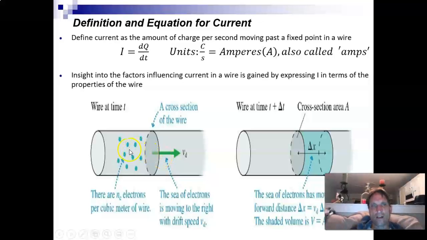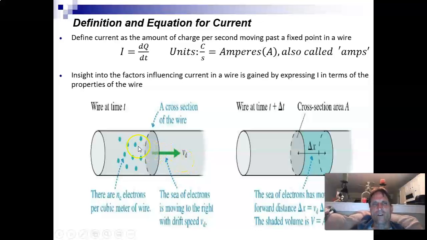In other words, what's the average speed at which these electrons are migrating, in this case, from left to right? If they're moving faster, then you're going to get more current, right? You're going to get more charge per time crossing this point if they're moving faster to the right. In other words, if the electric field is larger, they're moving from left to right faster. So you would guess it depends on this drift velocity.